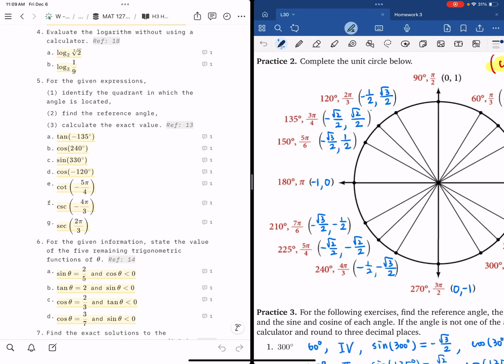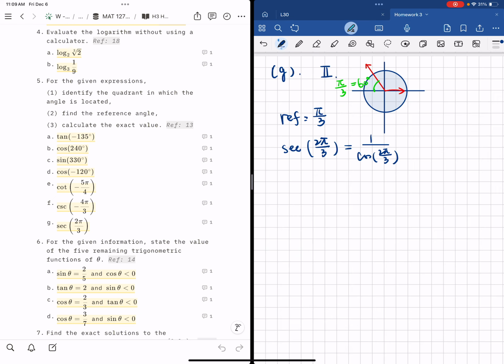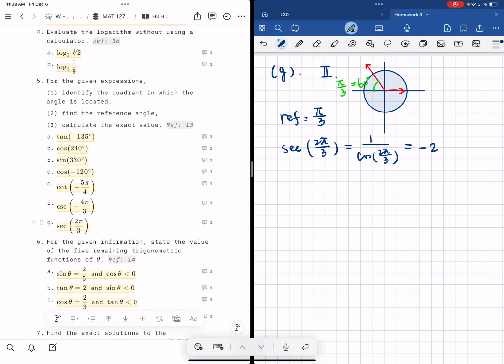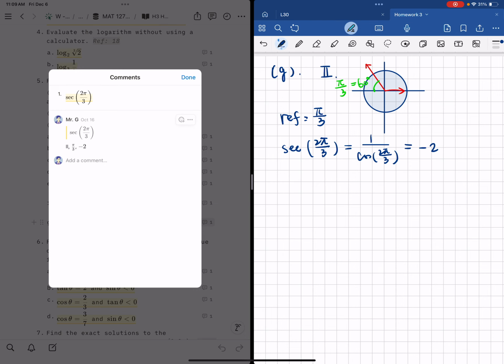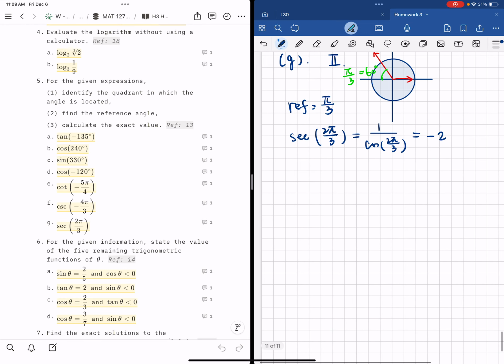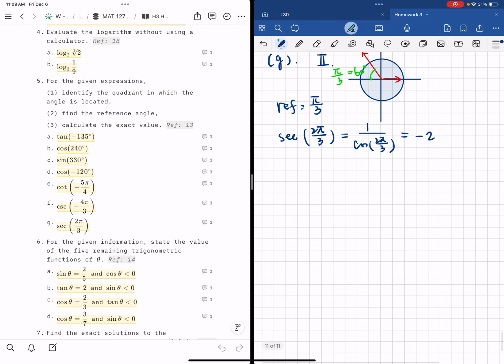We're taking the reciprocal of that, and that's negative 2. Let's check if it's right. So we have second quadrant, pi over 3, and negative 2. Yeah, that's right. Okay, so that's number 5. Finally, we're done with number 5.